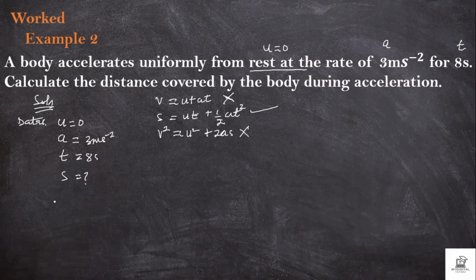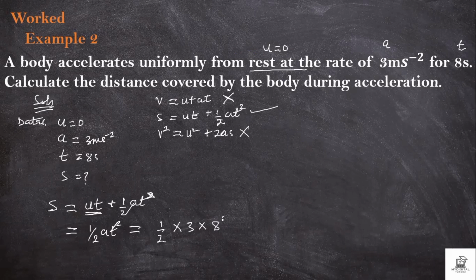So you now put down your equation, which is S is equal to UT plus half AT squared. U is 0, so whatever you multiply by this is going to give you 0. So don't waste time, especially if it's subjective. So we're going to have half AT squared. This will be equal to 1 over 2 multiplied by A, which is 3, multiplied by T, which is 8, squared.